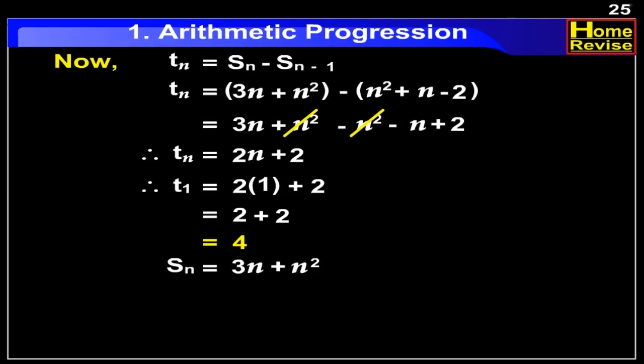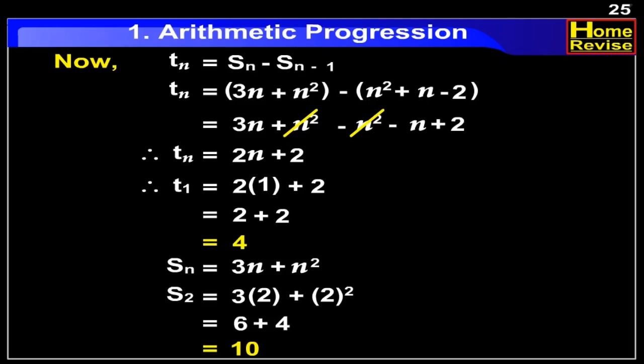To find the sum of first two terms, we have S2 is equal to 3 into 2 plus 2 square, which is equal to 6 plus 4, which is equal to 10. Therefore, sum of first two terms is equal to 10.